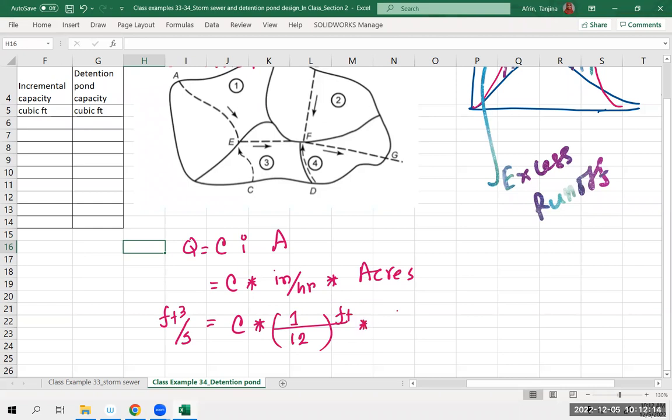Now from hour to second, what I need to do? 1 hour equals 60 minutes. Each minute has 60 seconds, right? And do you know 1 acre equals how many feet square? 43,560 feet square.